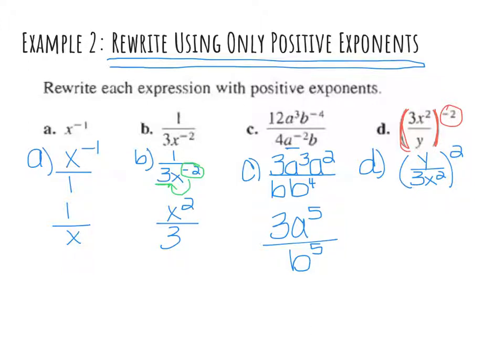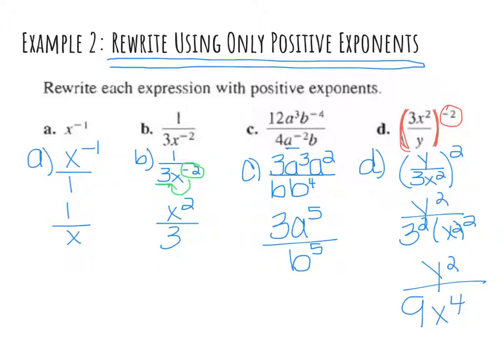Now we can take that 2 and make it act upon each of the terms inside. So that will be y squared over 3 squared times x squared squared. This finally simplifies to y squared over 9x to the 4th power.